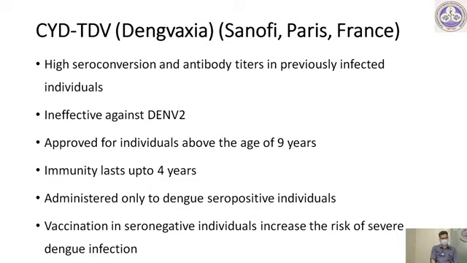However, it is ineffective against the dengue 2 strain. It is approved in individuals above the age of 9 years, and the immunity lasts up to 4 years. It is only administered to dengue seropositive individuals. Vaccine in seronegative individuals increases the risk of dengue infection.